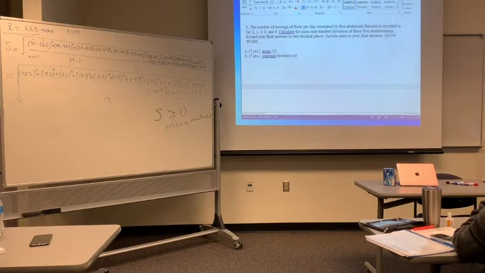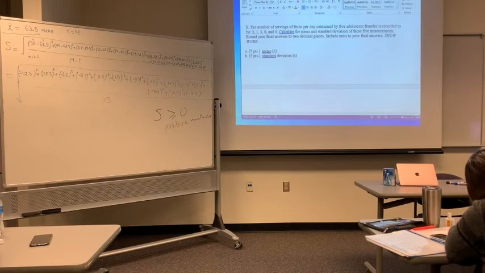The number of servings of fruit per day consumed by 5 adolescent females is recorded to be 2, 1, 3, 0, and 4. Find the mean and a standard deviation for this data set. What is the unit of measurement here? Servings. Servings of fruit, number of fruit per day, correct? So don't forget to put that unit of measurement after your mean and after the standard deviation.